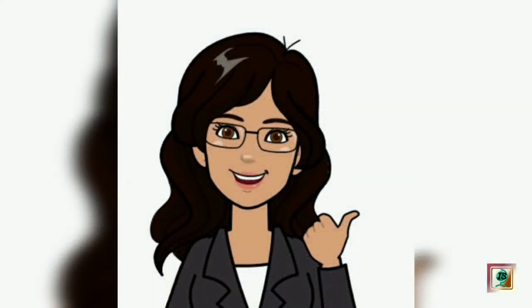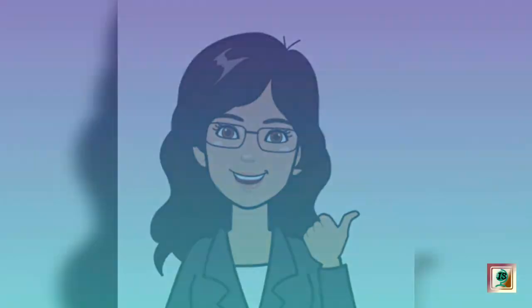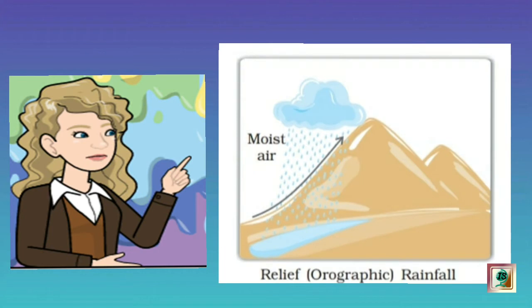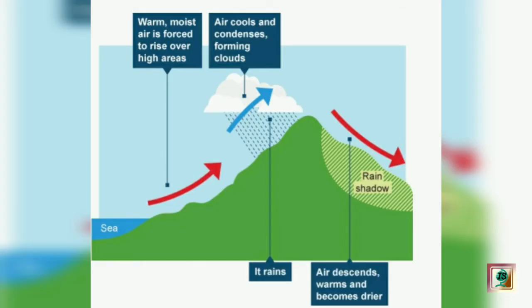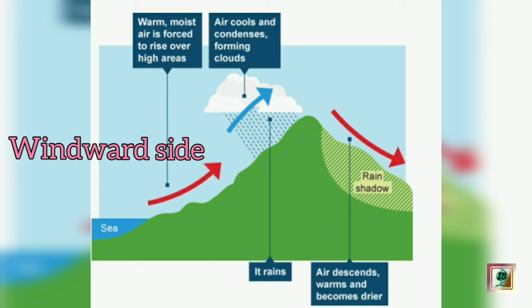Let me explain it in a little more detail. If the wind is full of moisture and strikes a highland or mountains, what will happen? It will rise up, causing condensation followed by precipitation. Do remember, more rainfall takes place in the windward side of mountain.